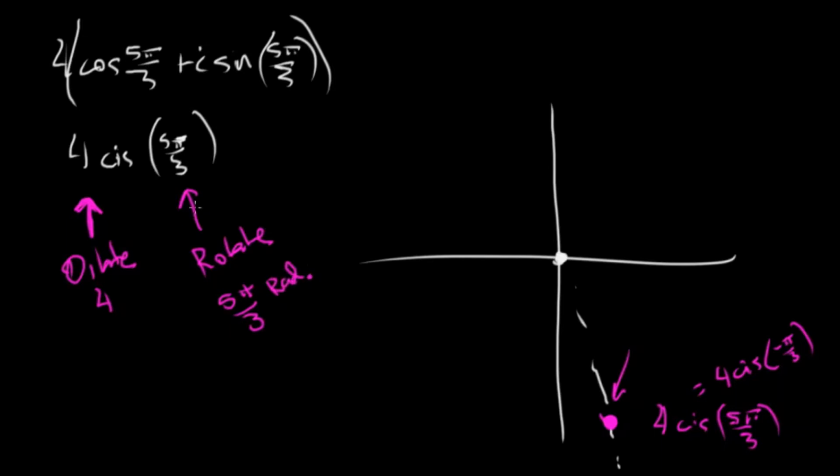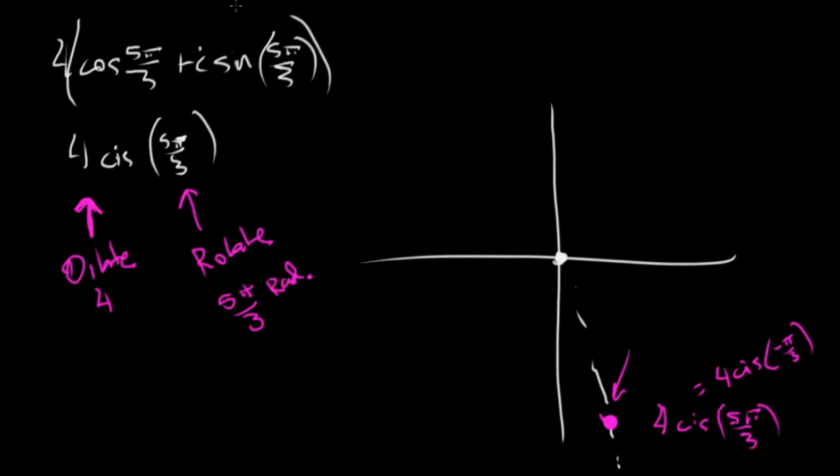So this is one big advantage of the polar form: it immediately tells you the function in the complex plane of what this number does. If you take some number and multiply it by 4 cis 5 pi over 3, it's going to dilate that number by 4 and then rotate 5 pi over 3.